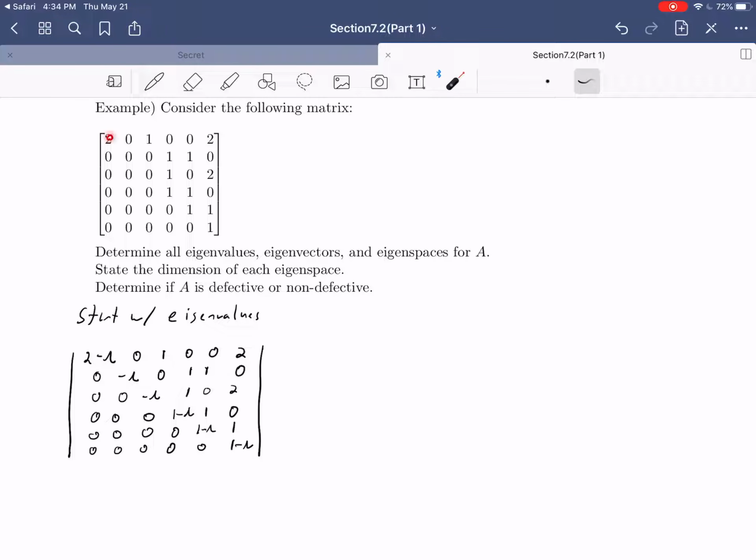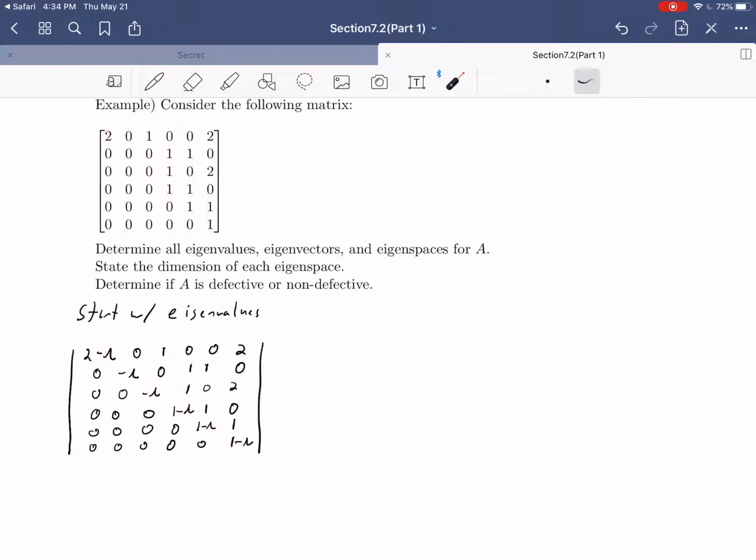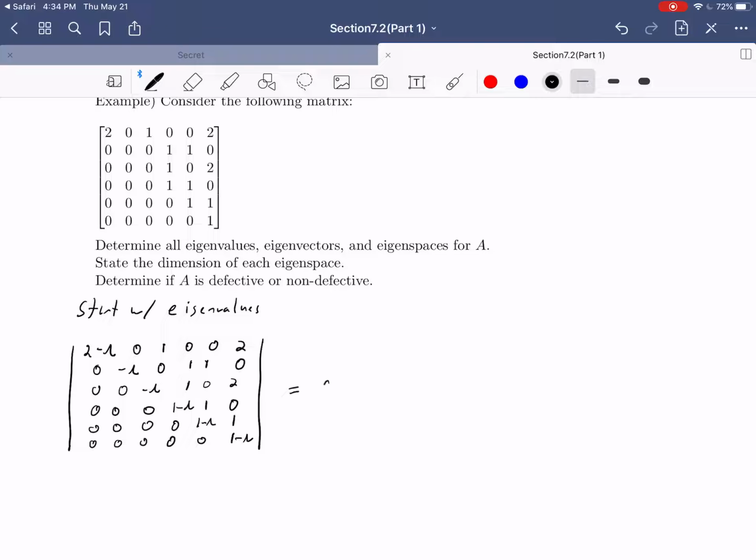So you can see our diagonal elements 2, 0, 0, 1, 1, 1 all received a minus lambda there. And of course, we're going to be setting that determinant equal to 0.